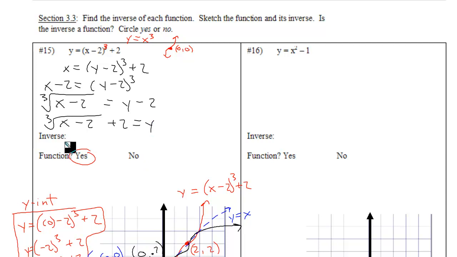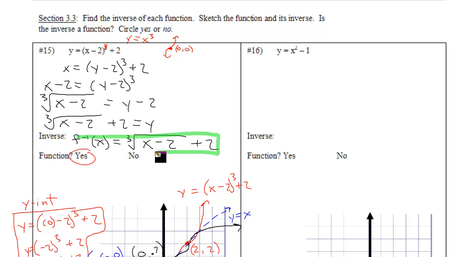So the inverse is the cube root of x minus 2, plus 2.